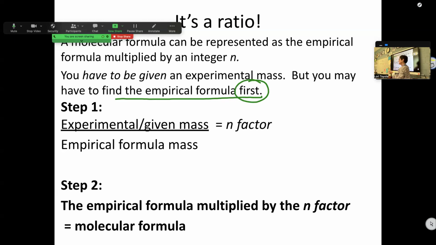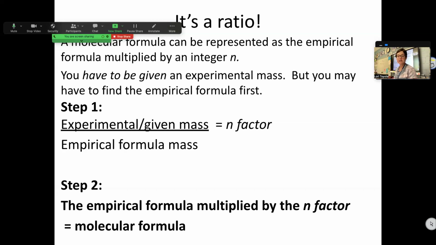That's when you see a problem with percents in it, because that means you're going to have to find your empirical formula and then do this step to find that factor to scale you up. Then you multiply and you've got your formula. Cool.